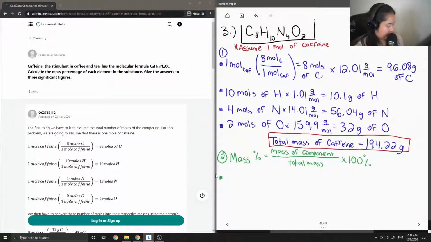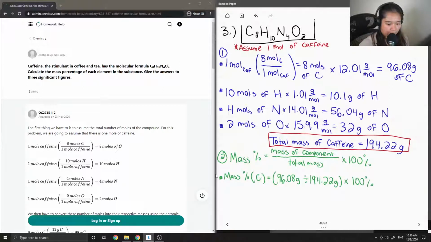Okay, so first let's do the mass percent of carbon. The mass of carbon was 96.08. And we are going to divide by the total mass of caffeine, which is 194.22. Multiply this value by 100.